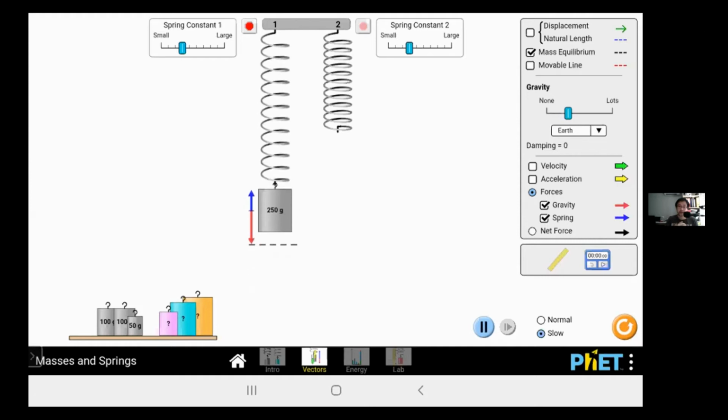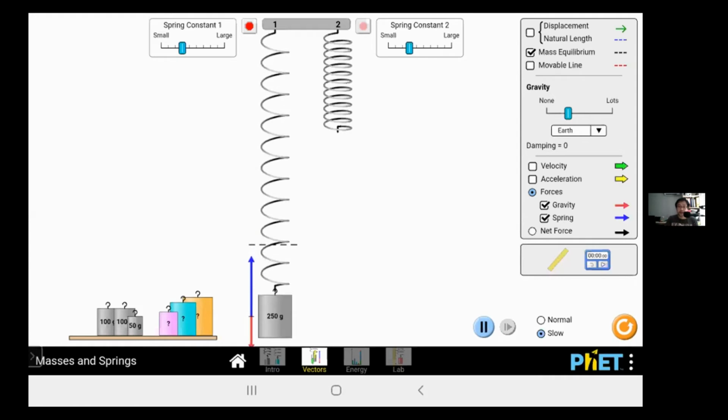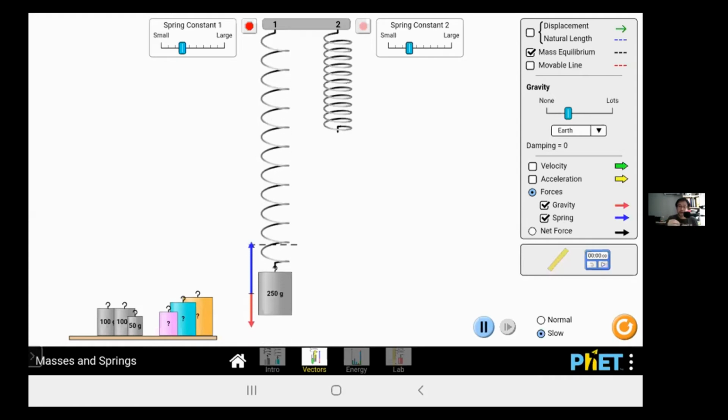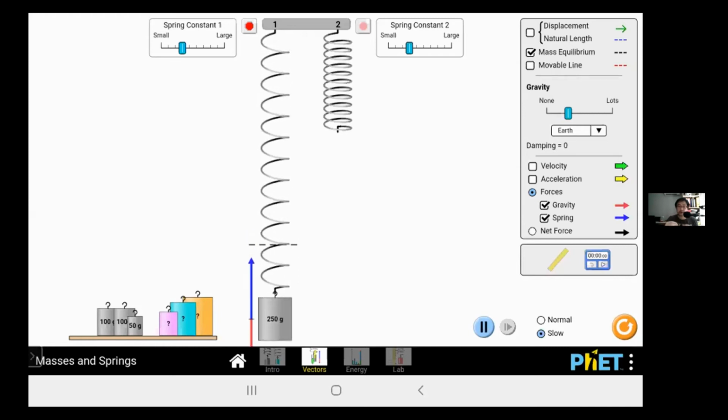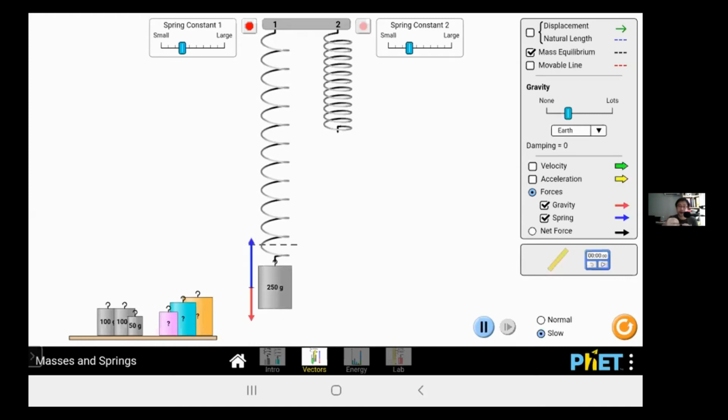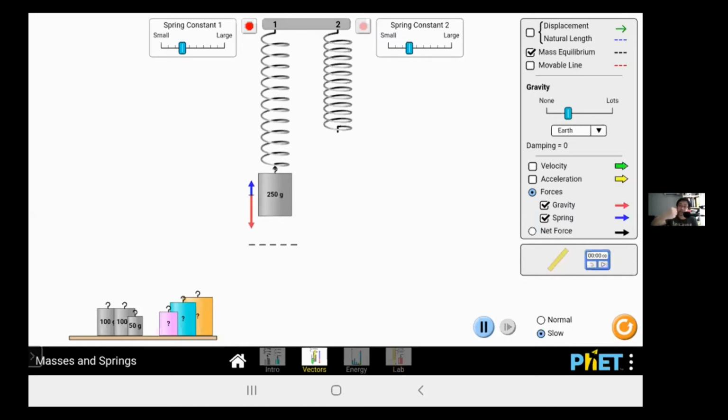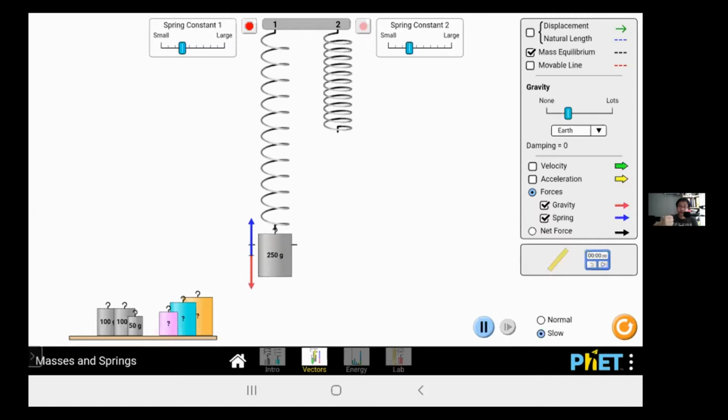However, if you look at the blue arrow, it's not a constant. The blue arrow is representing the force of the spring that's trying to pull the mass back to its equilibrium point.